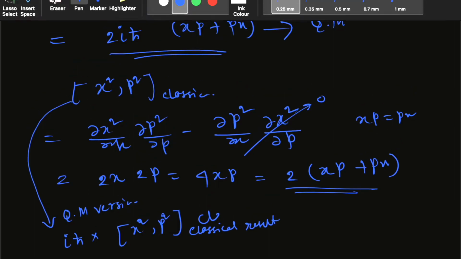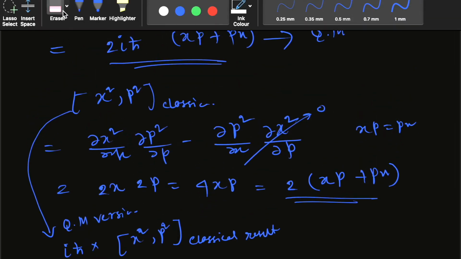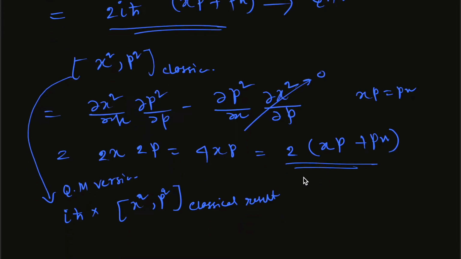Obviously, we have to keep one thing in mind: the commutation between x and p, xp equal to px, is true classically, but it is not true quantum mechanically. So we have to always remember this.